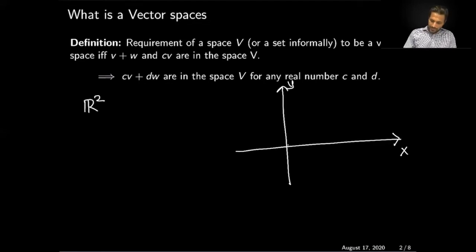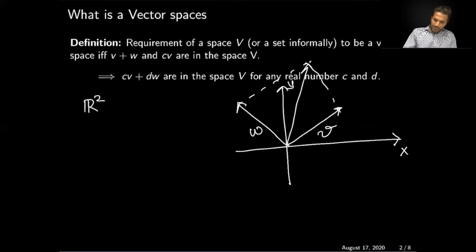If I take a vector V and a vector W and add them, how do we add two vectors? You just draw the parallelogram, and the diagonal of this parallelogram is always going to stay in R2, always in the plane.